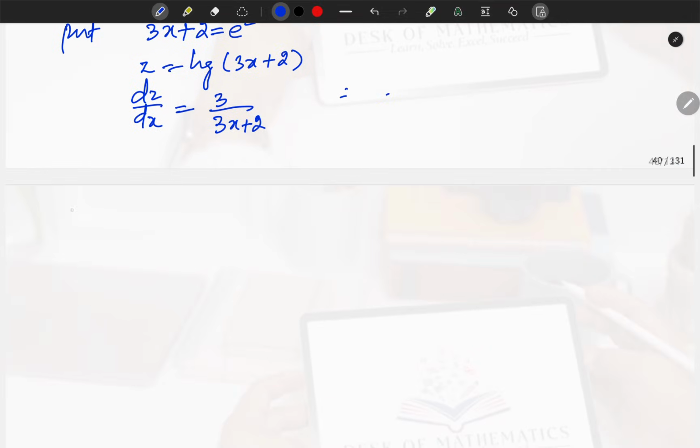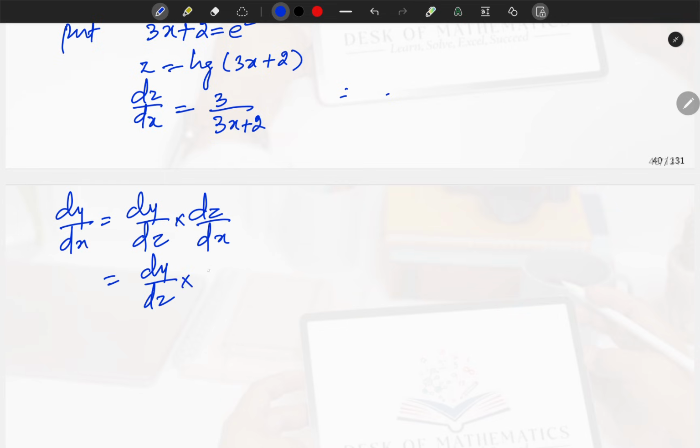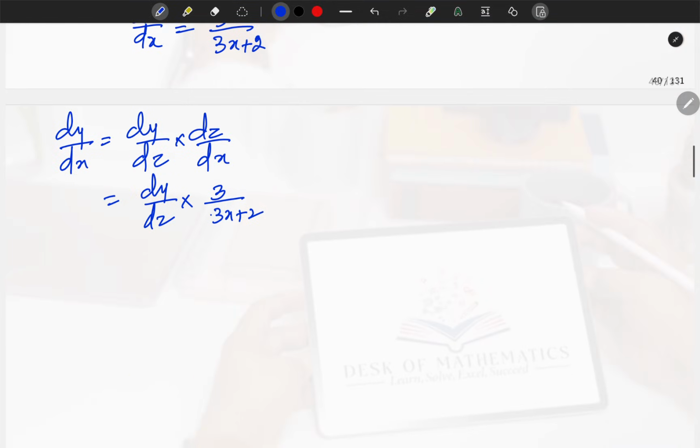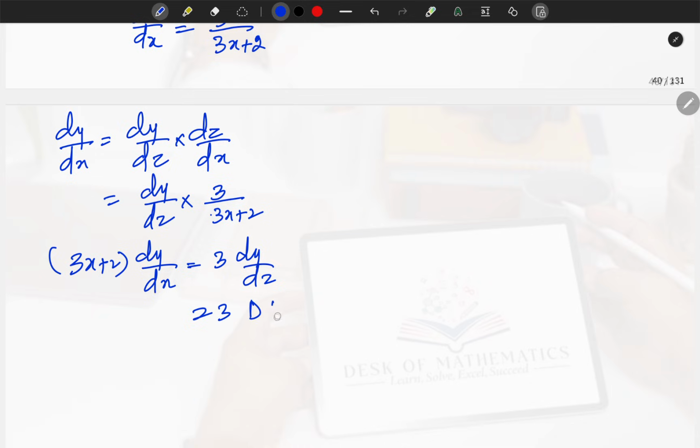Then you have dy by dx, that you can write as dy by dz times dz by dx, so that is dy by dz, and here you write 3 divided by 3x plus 2. Now take 3x plus 2 on the LHS. So 3x plus 2 dy by dx is equal to 3 times dy by dz, so 3D of y.